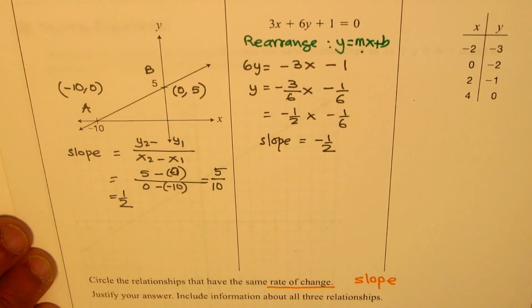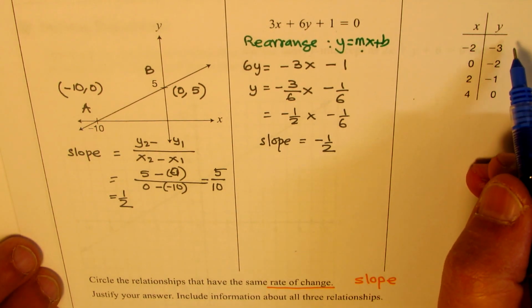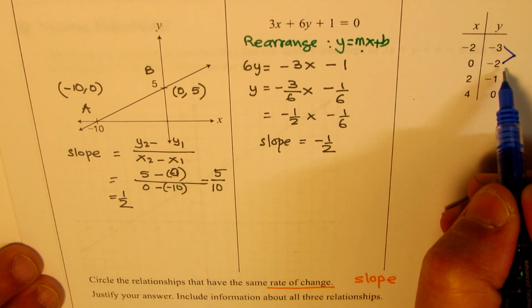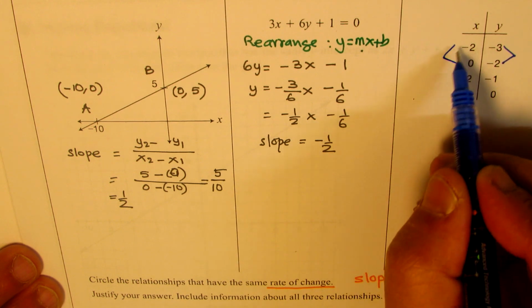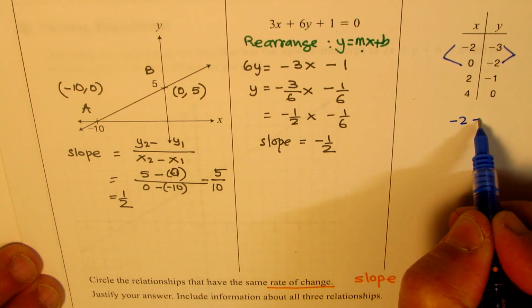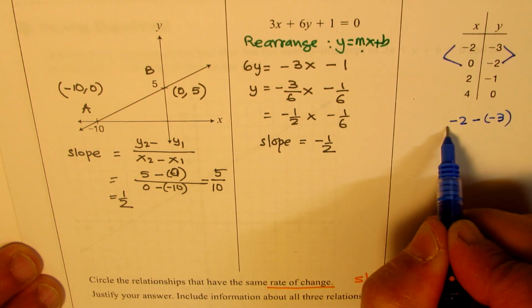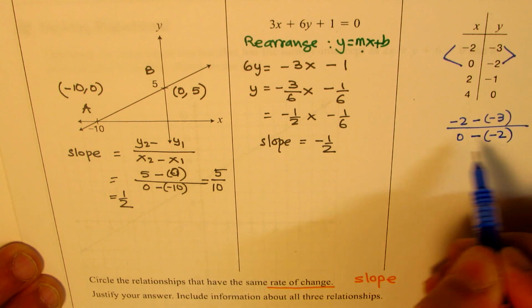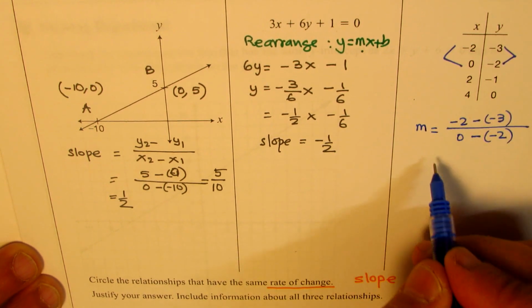Now let's find the slope when the table of values is given to us. So let's find this difference divided by that difference. You get the idea, right? So we could write minus 2 minus of minus 3 divided by 0 minus of minus 2. So that becomes the slope in this case, right?